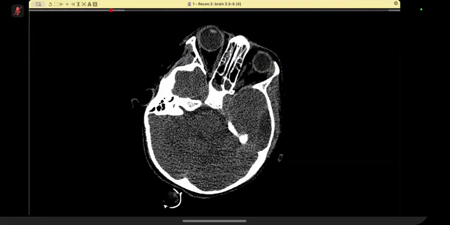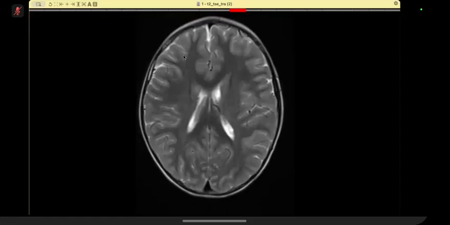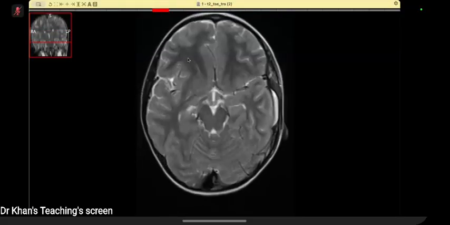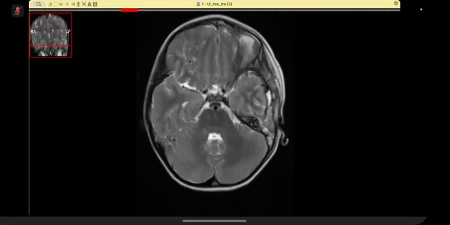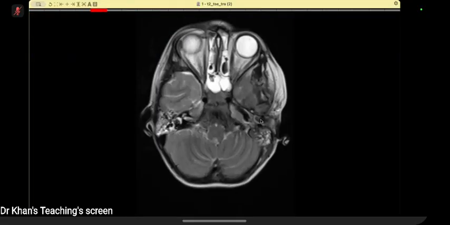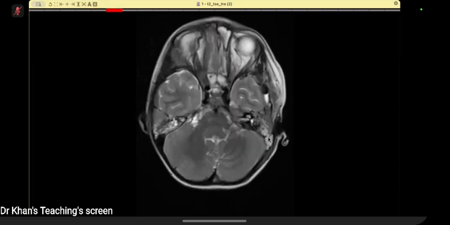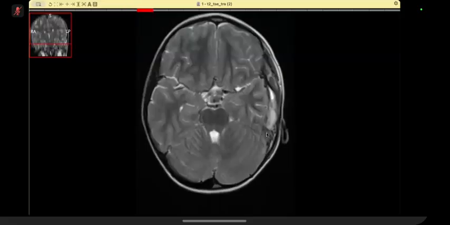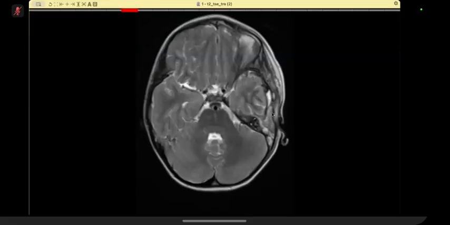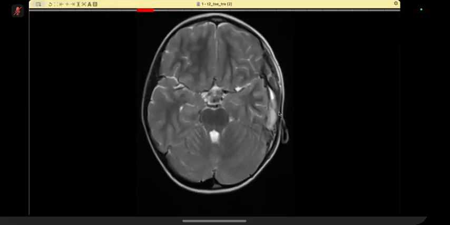So I've got an MR of the same patient, but this MR was done 4 days after. So that is why I did not show it to the candidate. 4 days after, if you see here, that mastoid air cells are all full of fluid. You can see the same thing. And here anteriorly, the abscess looks slightly less.